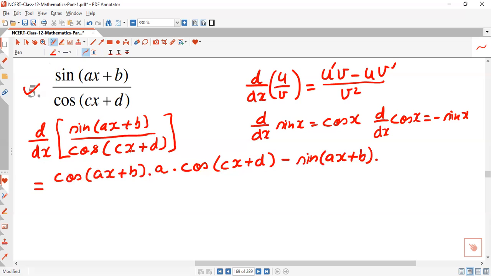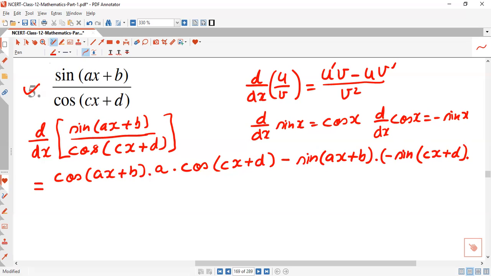Now cos(cx + d), we want to differentiate this one. This comes out with the minus sign. You see, dy/dx of cos x becomes minus sin. Remember, if co is there, like cos, cot and cosec, the sign comes out minus. So it comes out minus sin(cx + d).